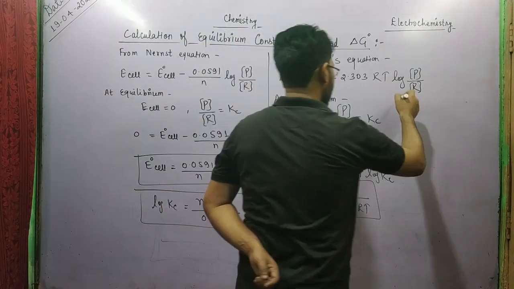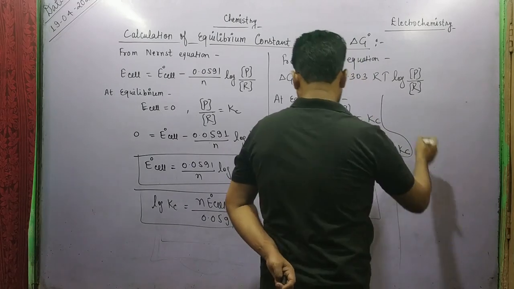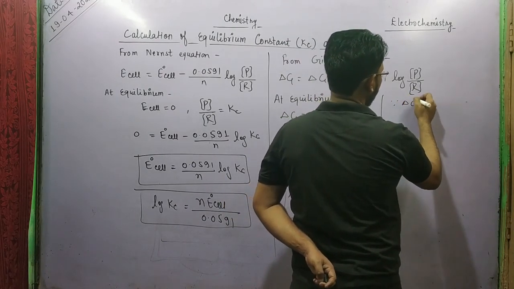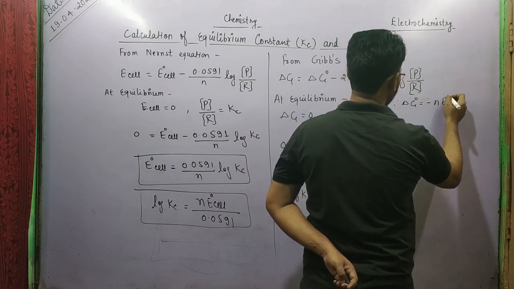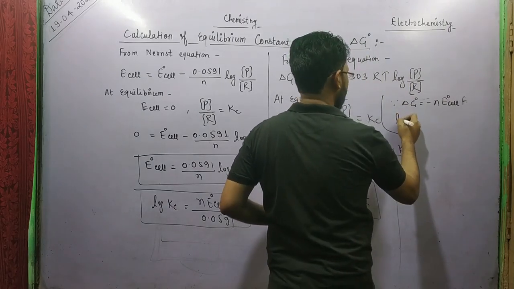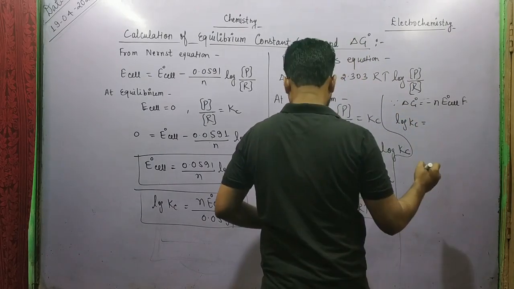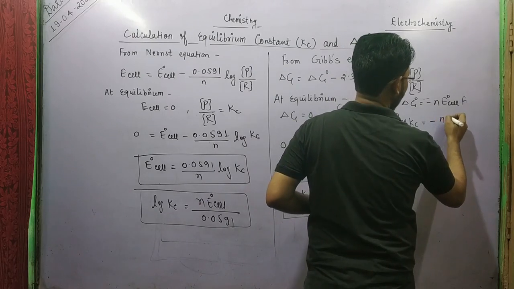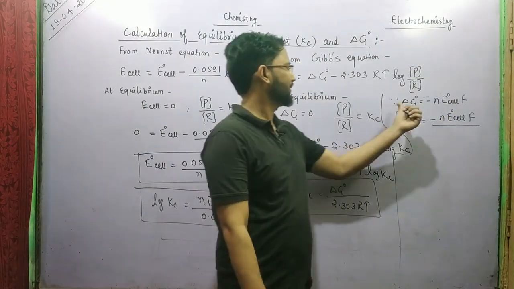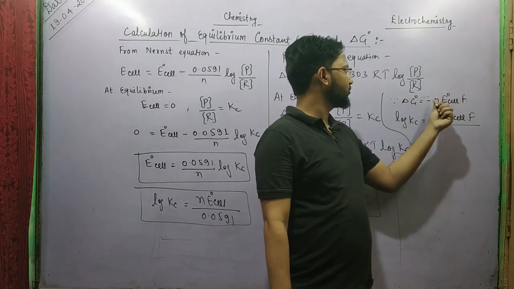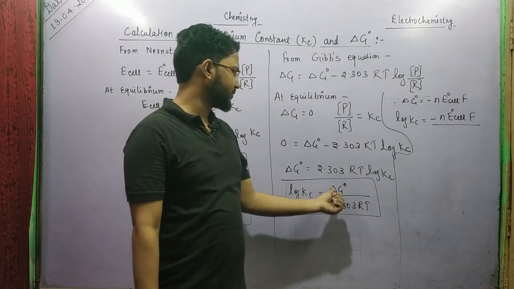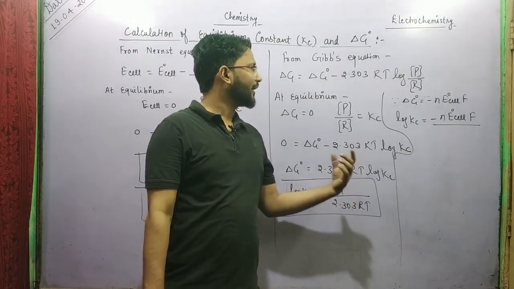And we know that delta G naught equals minus n E naught cell F. Now we know that delta G naught equals minus n E naught cell F, and the equation is log Kc equals delta G naught upon 2.303 RT.